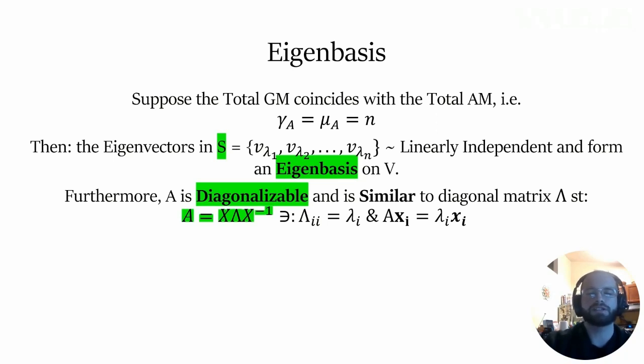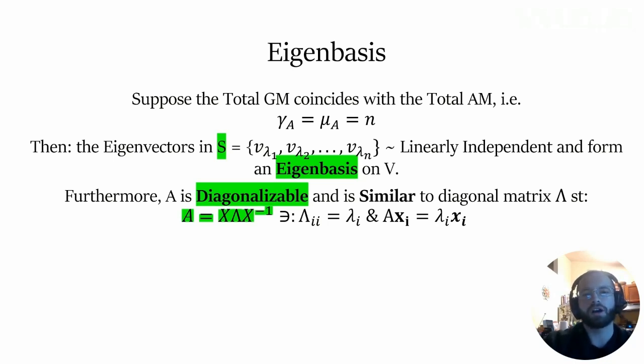What this means is, first, those eigenvectors form a linearly independent set. So that means that they cannot be written in terms of each other. One cannot be written as a scalar multiple of the others belonging to that set.